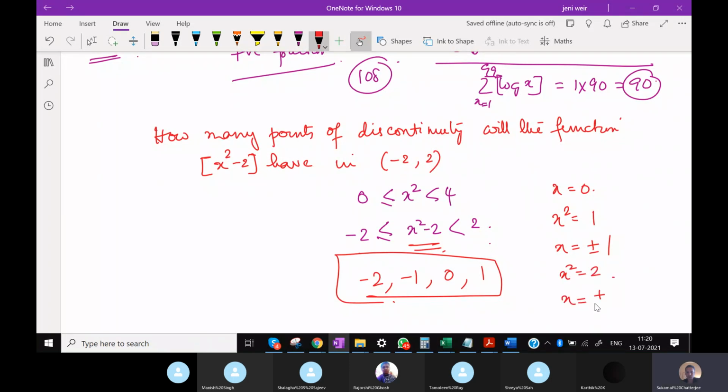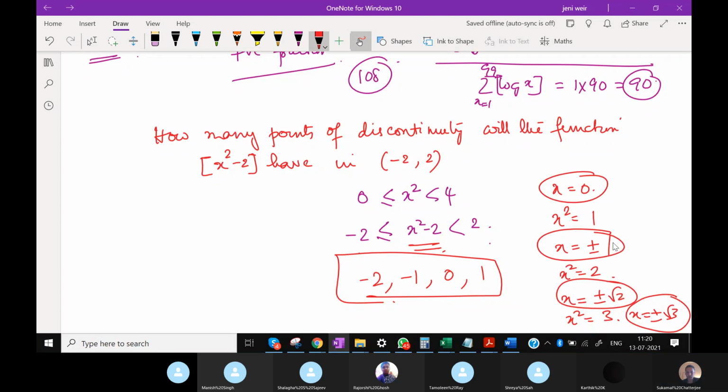That means x equals plus or minus root 2. And x square minus 2 equals 1, that means x square equals 3, so x equals plus or minus root 3. So that means 2 plus 2 plus 2 plus 1, right? So there will be 7 points of discontinuity. So these are the kind of questions that are given based on this particular concept.